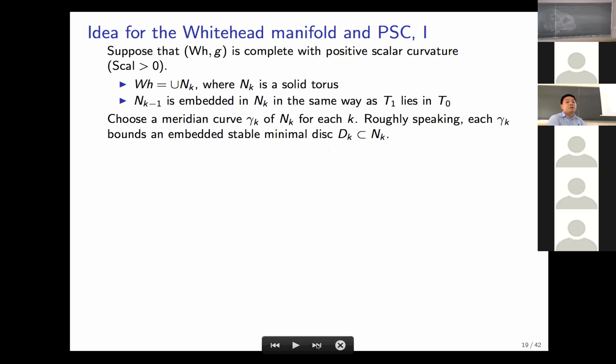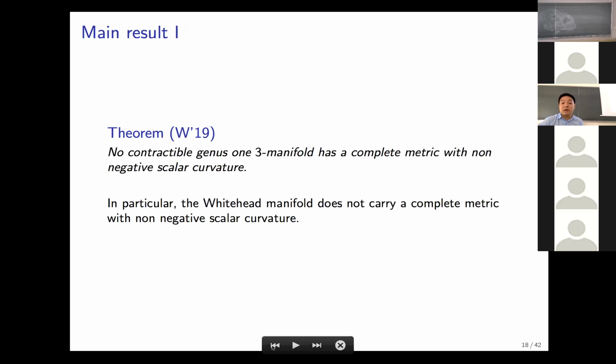Okay, we are talking about how to prove this result for Wang manifolds. We argue by contradiction. Suppose the Wang manifold has a complete metric with positive scalar curvature. We know the Wang manifold is an increasing union of solid tori, and N_{k-1} is embedded in N_k in the same way as T_1 is located in T_2. Please go back to the construction.